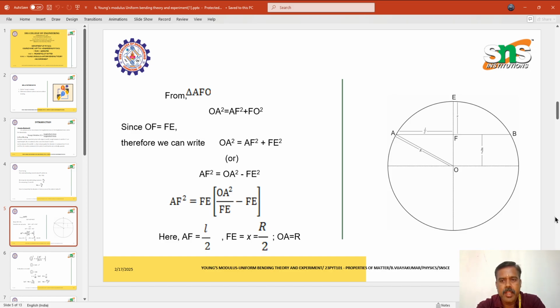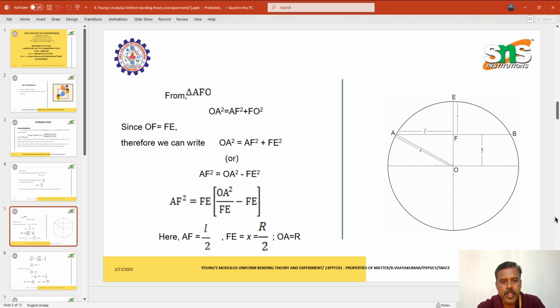In the triangle AFO, OA squared equals AF squared plus FO squared, based on the Pythagoras theorem. OF is equal to OE minus FE. So OA squared equals AF squared plus FE squared, or AF squared equals OA squared minus FE squared.